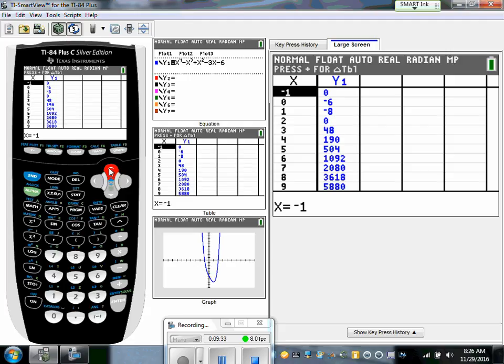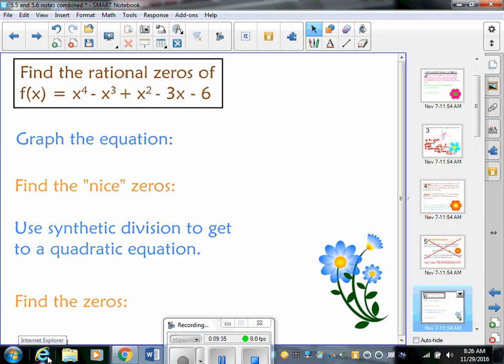All right, let's go back to the problem then. So I'll make myself a little note. I know that x equals -1 and 2. I know that for a fact. So now we want to actually use synthetic division. Setting up synthetic, remember 1, -1, 1, -3, -6.